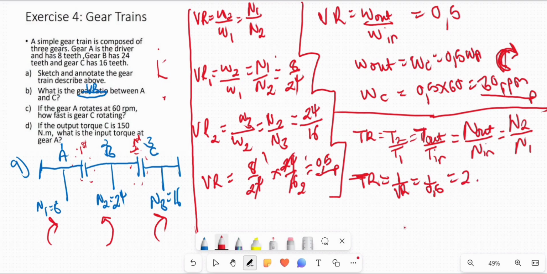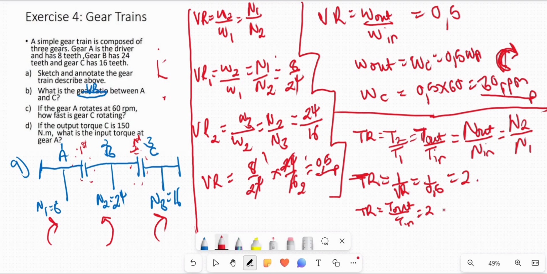which is equal to 2. So if the output torque is 150, what is the input torque? The torque ratio is equal to T out over T in, and that is equal to 2. We want the input torque if the output torque is 150. So what is our input torque?